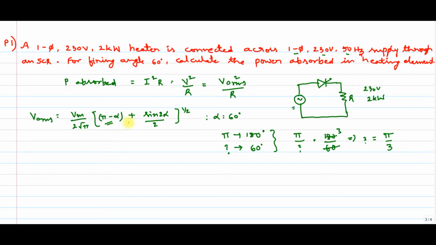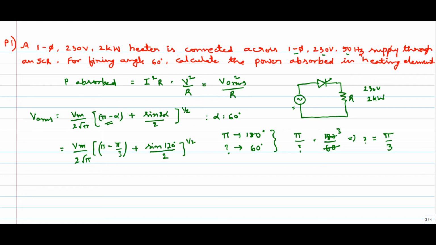That pi by 3 you have to substitute here. Vm by 2 root pi into (pi minus pi by 3 plus sine 2 alpha). Alpha is 60 degree, so I can write it as 120 degree divided by 2. This always depends upon how you set your calculator. If you set your calculator into degree mode, you have to write 120 degree.